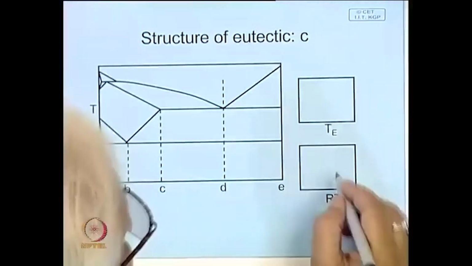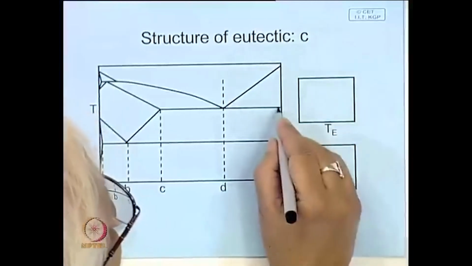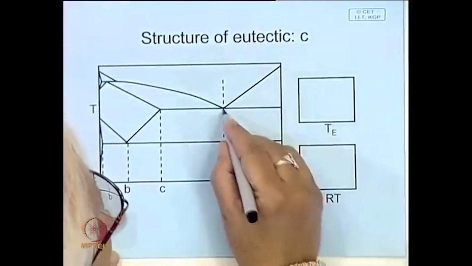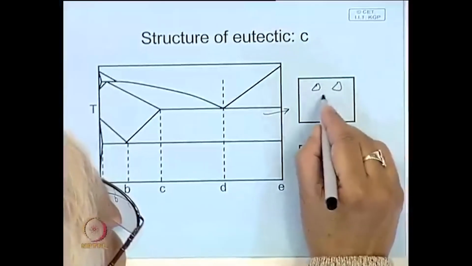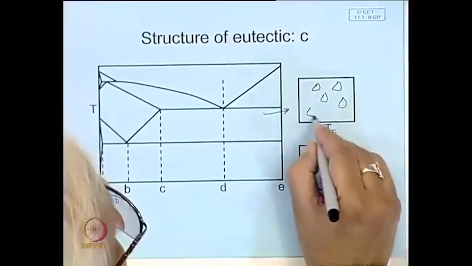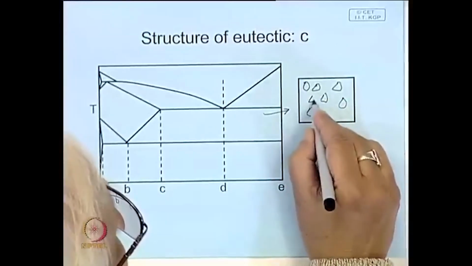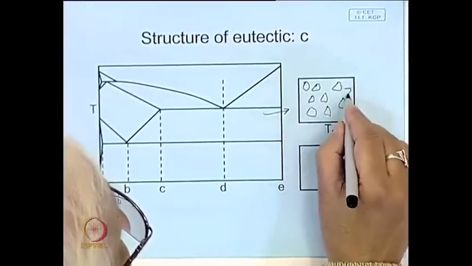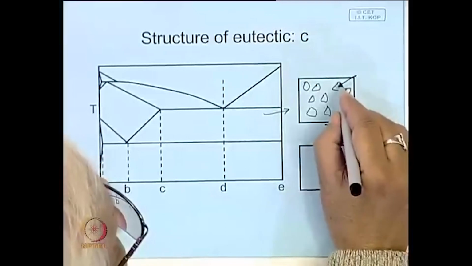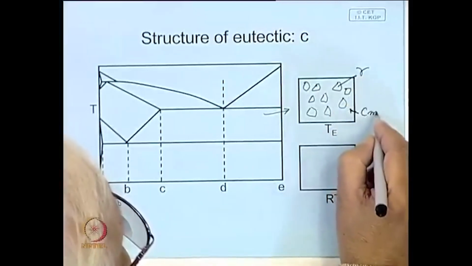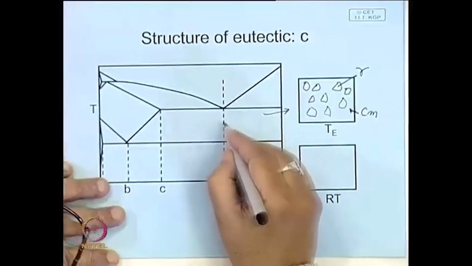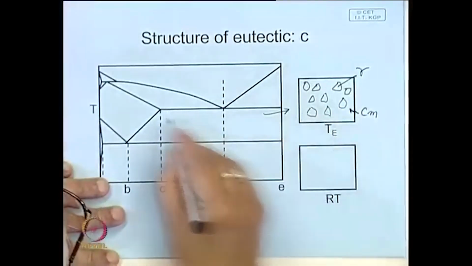So, here I think I just explained. At eutectic temperature, your structure will be this, your austenitic region. So, these are your austenite, this is cementite, and as the temperature goes down, cementite precipitates out from this austenite.